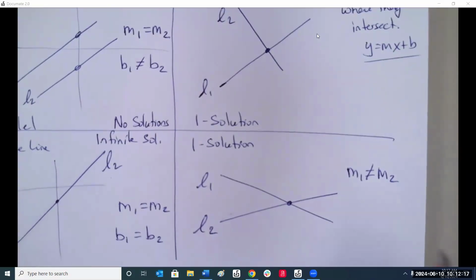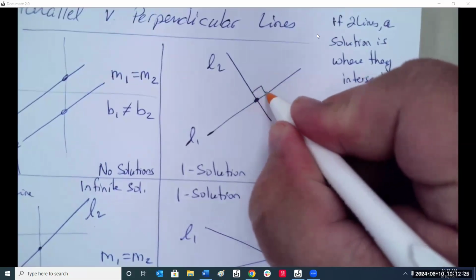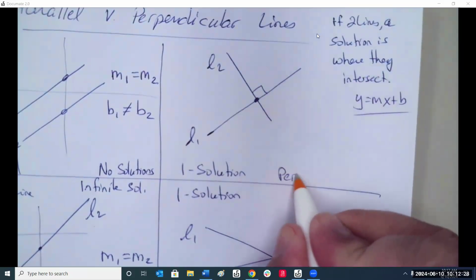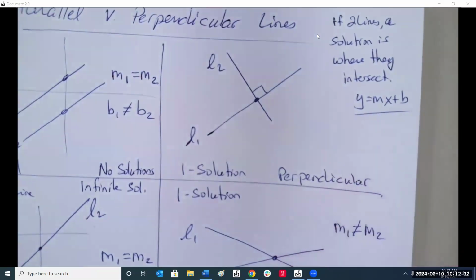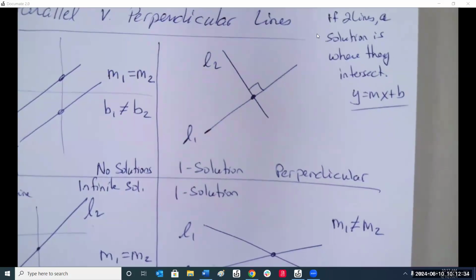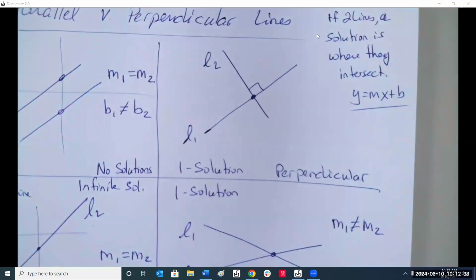That's just the basic case, there's no rhyme or reason. It's just they're not the same slopes. But this one is called perpendicular. Two lines are perpendicular if they intersect and create a corner, a right angle, a 90-degree angle.